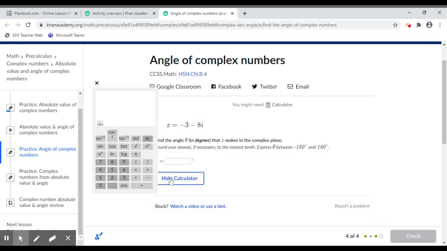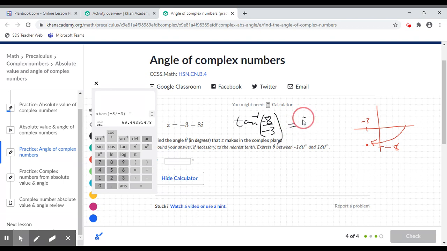Let's use our calculator. Inverse tangent, negative 8 over negative 3. We end up with 69.44395. Okay, the problem is we just got an answer which is a positive angle. A positive 69 degrees would be somewhere up here.